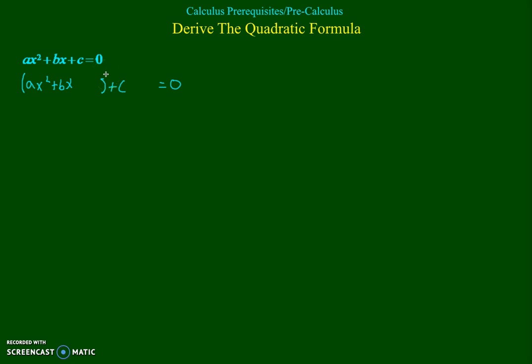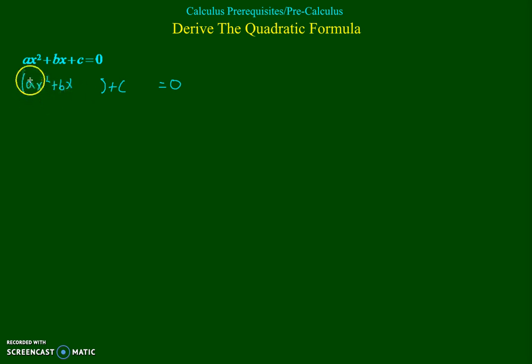What I've done to start the process here is what I usually do: I've pulled out my c value. So I have ax squared plus bx, pulled out my c value, and gave myself some space for my third term and the term that I'm going to offset it with. Now I need to use the distributive property to pull out this a.